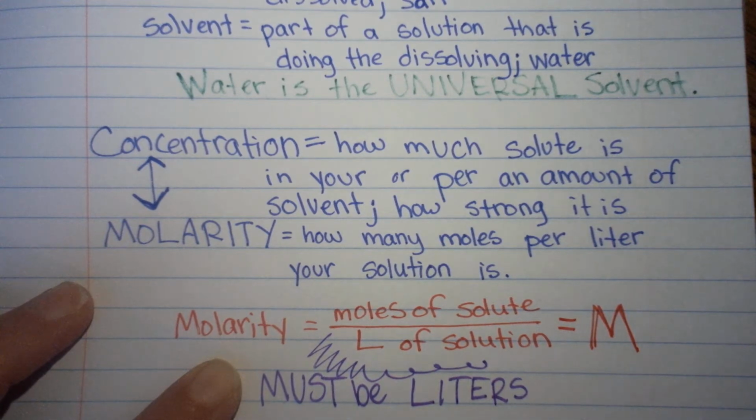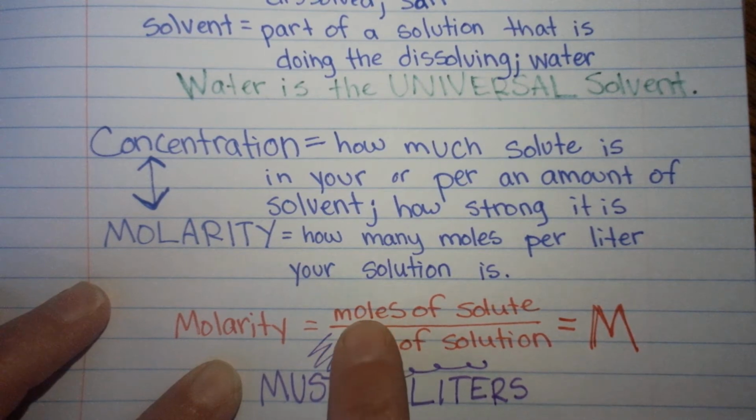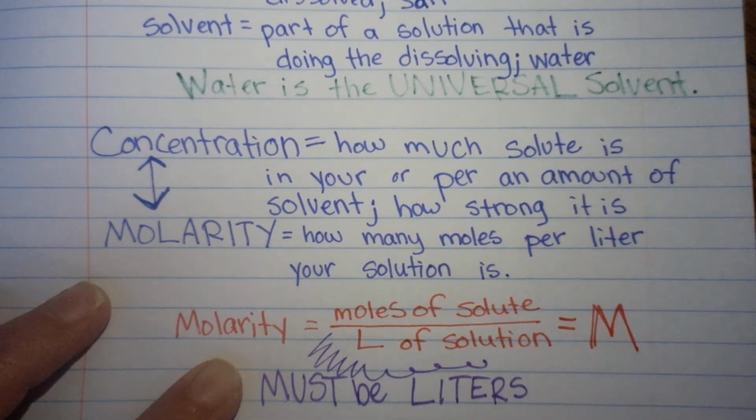You will need to make sure that you remember this: moles over liters. Lots of times, well, we never measure out moles. What do we measure out? If we're going to get, say, salt or sugar or some chemical from the science lab, what can we measure in? We can't measure in moles.